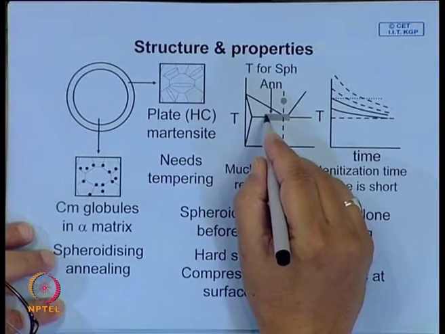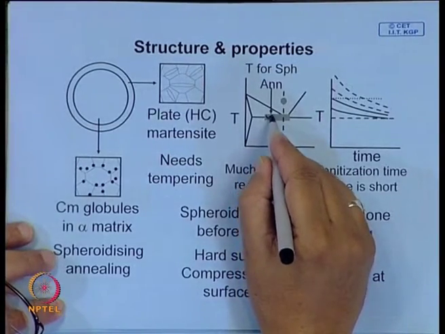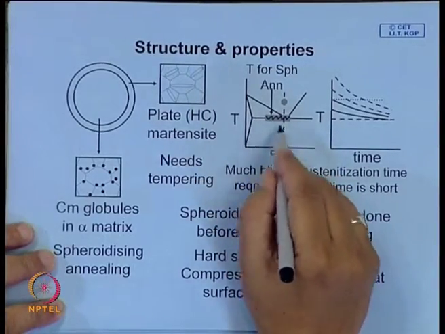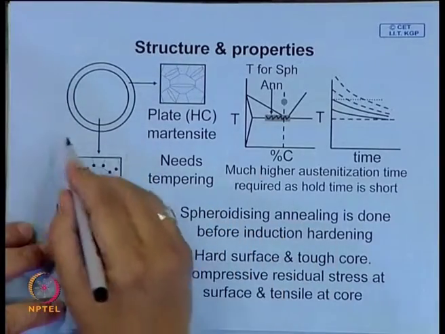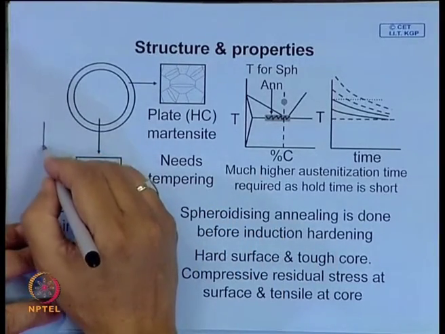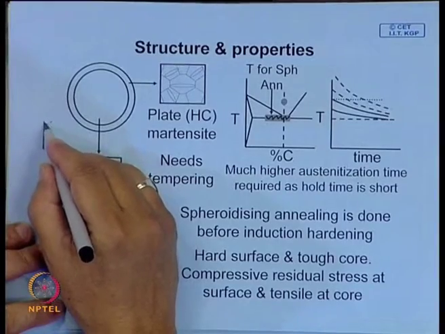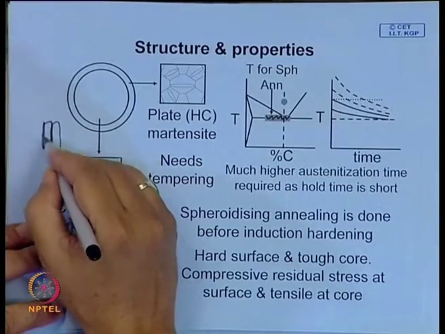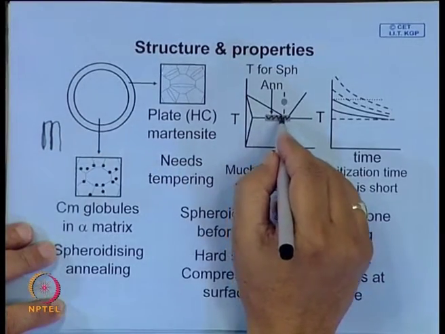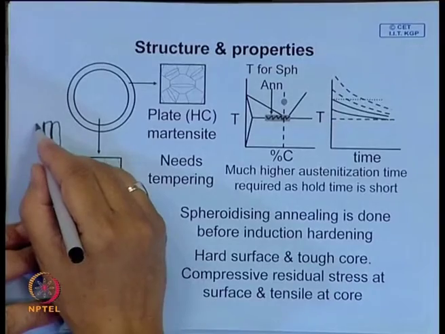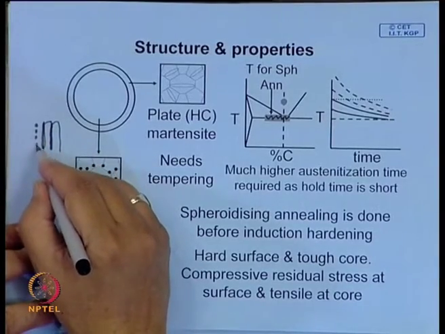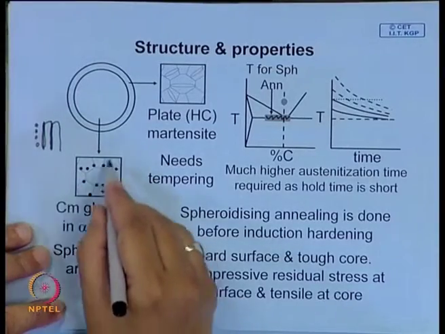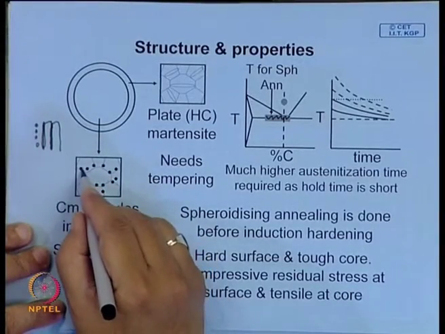Usually if you keep it around the eutectoid temperature and the temperature slightly fluctuates, it gets spheroidized very quickly. The cementite plates in pearlite, if you keep it a little longer, break down into globules, and by this it is possible to have a totally globular structure.